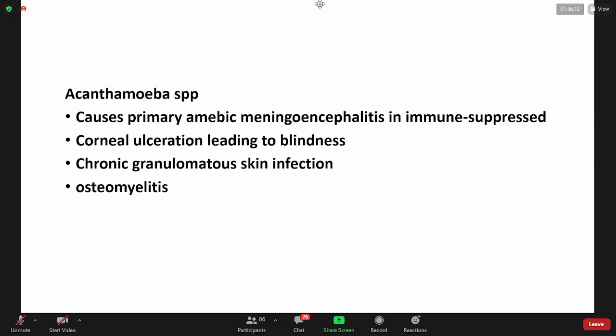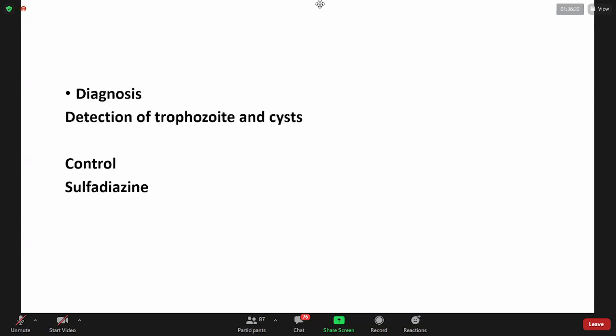It can also involve the bone, where you have inflammation of the bone, or osteomyelitis. Diagnosis is based on detection of the trophozoite and the cyst stage. Control is by treatment using sulfadiazine.